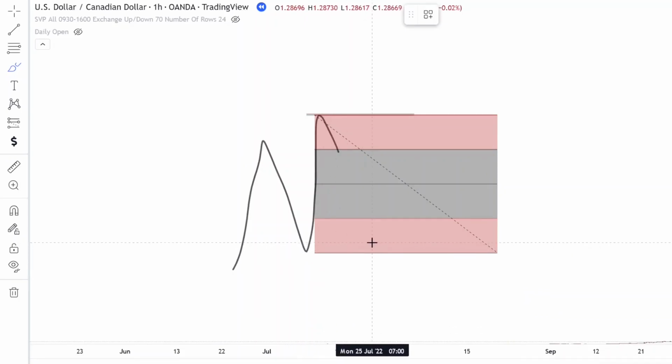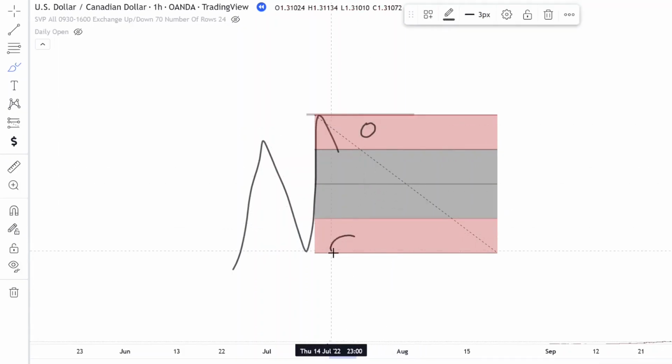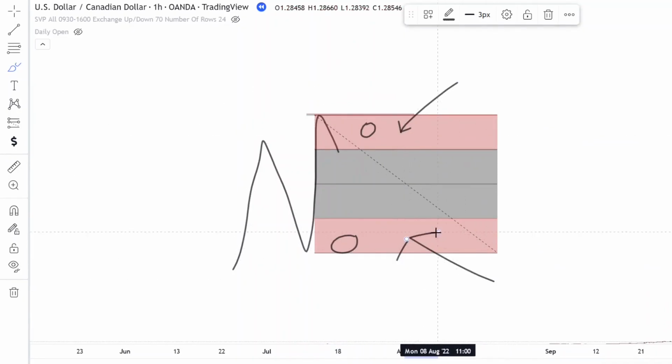Its location must be either in the premium section or the discount section. These are the only two places where we can validate an institutional candle. So it's either in the premium or in the discount.